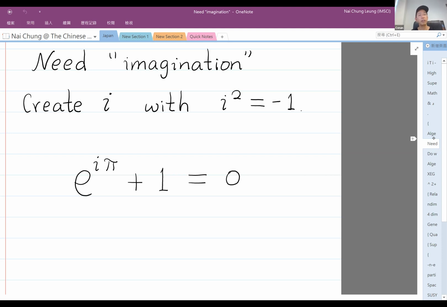So from this perspective, the beginning of complex numbers sounds so artificial. As you will see later, in fact, in nature, in physics, complex numbers are naturally there, from the perspective of Einstein's theory, quantum theory, and so on. All right.